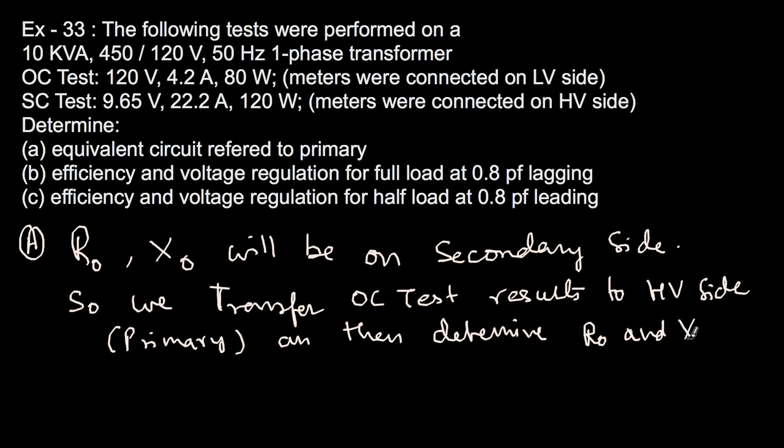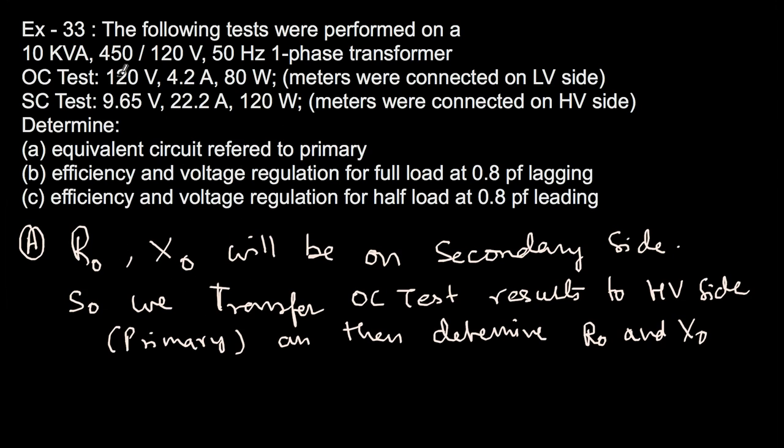So such kind of delicate things you should be careful about when the question is given. So why am I doing it like this? It is easier to transfer the data and then calculate R naught, X naught rather than transferring the impedances.